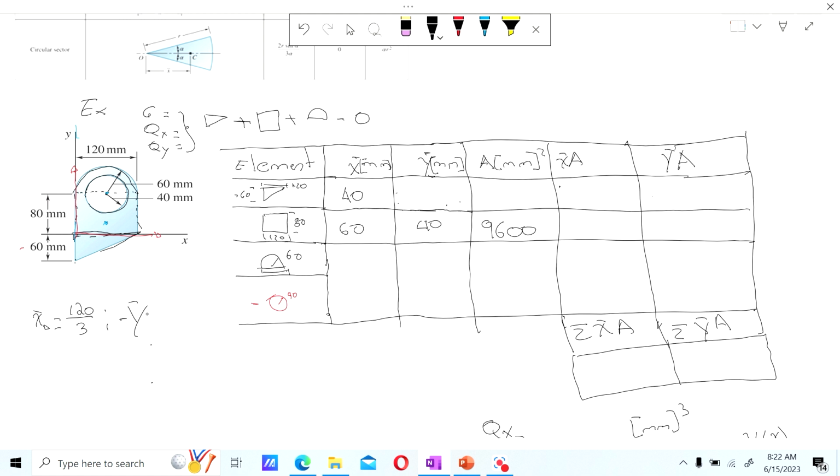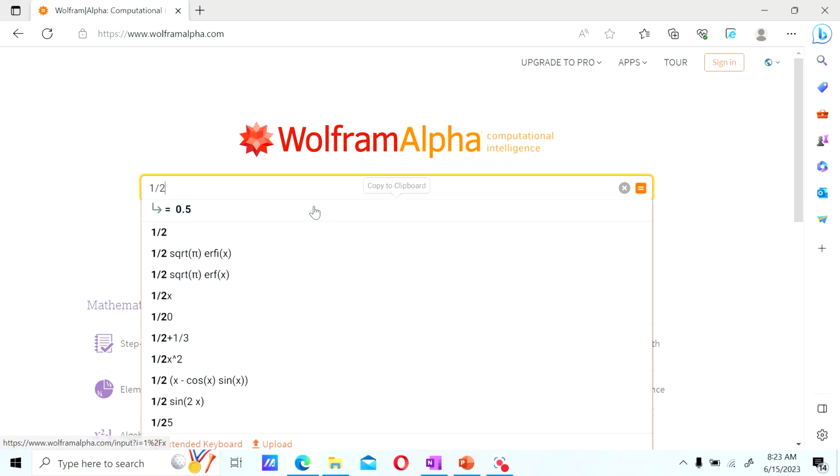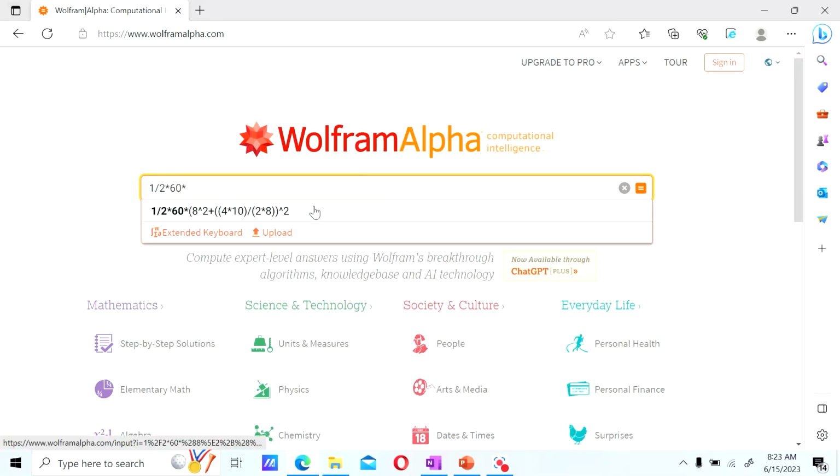Y is negative in the triangular shape. It's negative 60 divided by 3. So it's negative 20. Then the area, well, the area should be okay. What did we get here? It is 1/2 times 60 times 120, 3600.